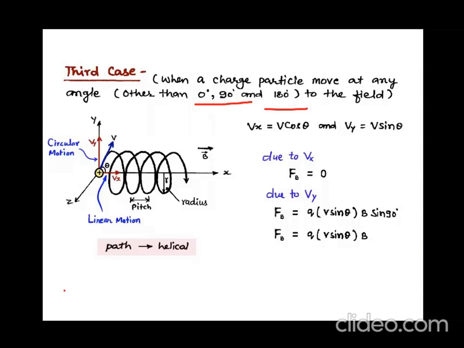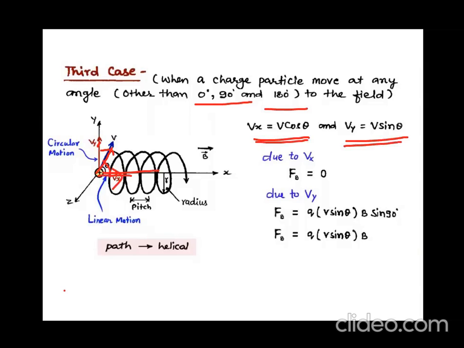So when you have the velocity v and the angle between the velocity vector and the magnetic field vector is theta, we will resolve the velocity into two components. Along the x-axis is vx and along the y-axis is vy. So along the x-axis is v cos theta and along the y-axis is v sin theta.